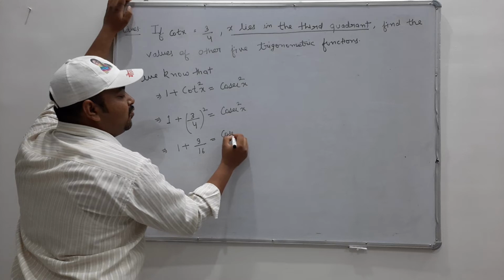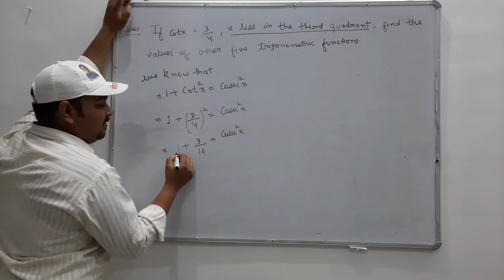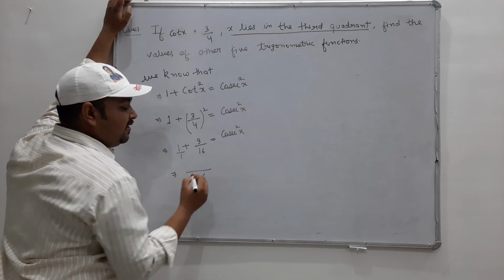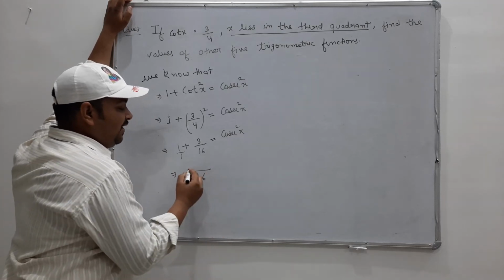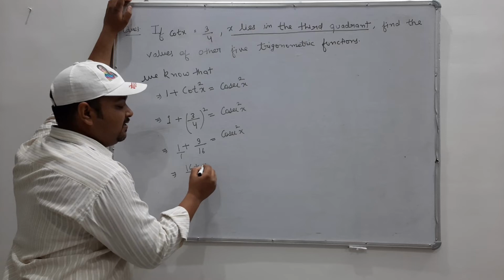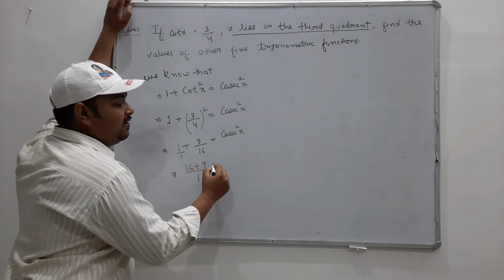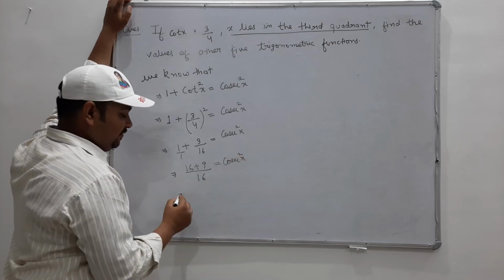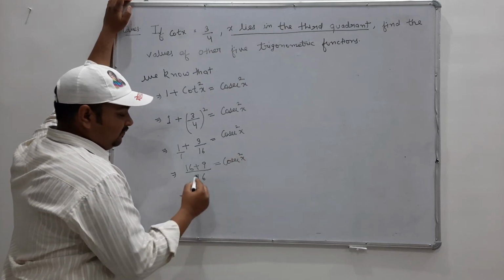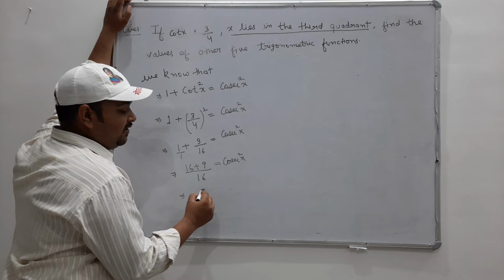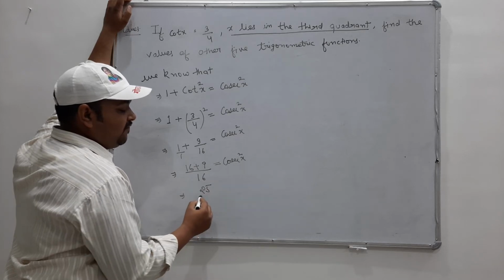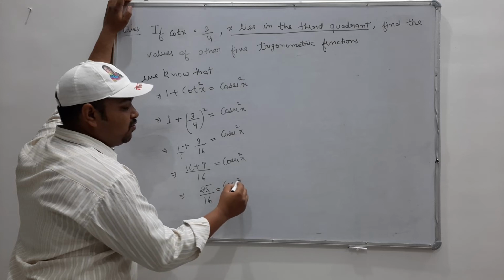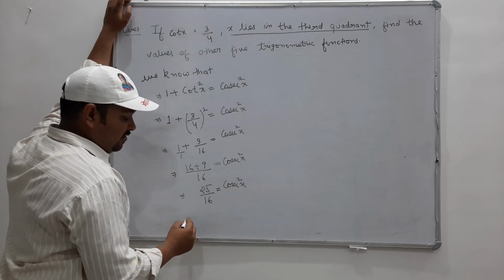By taking the LCM, here 16 is the LCM, we will get 16 plus 9 in the numerator is equal to cosec square x. 16 plus 9 equal to 25 upon 16 is equal to cosec square x.